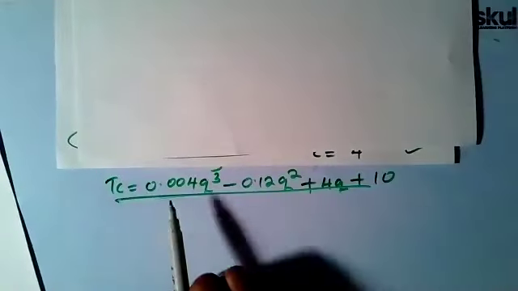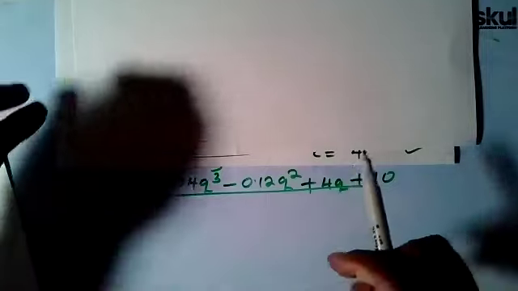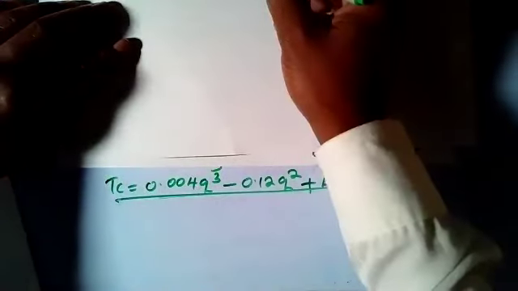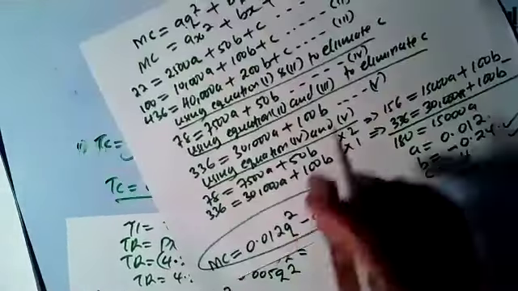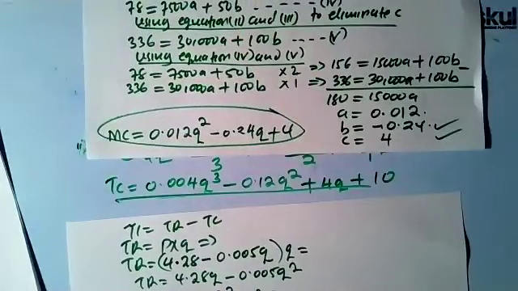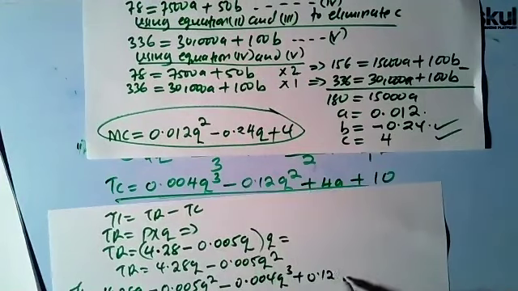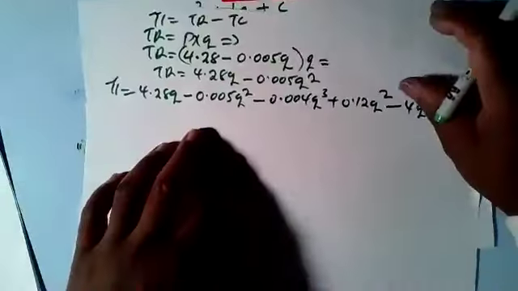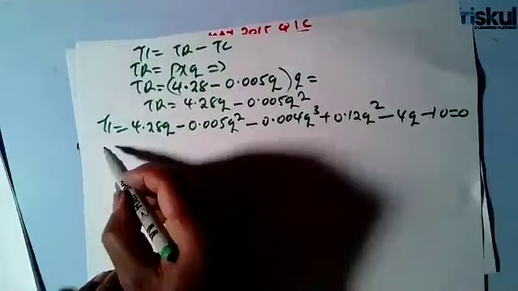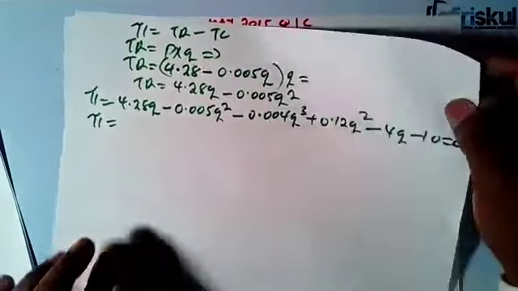This is the total cost we got here. So I will remove the brackets, so you minus 0.004Q cubed plus 0.12Q squared minus 4Q minus 10 equals 0. I've opened the bracket directly. Now let's bring the like terms together.